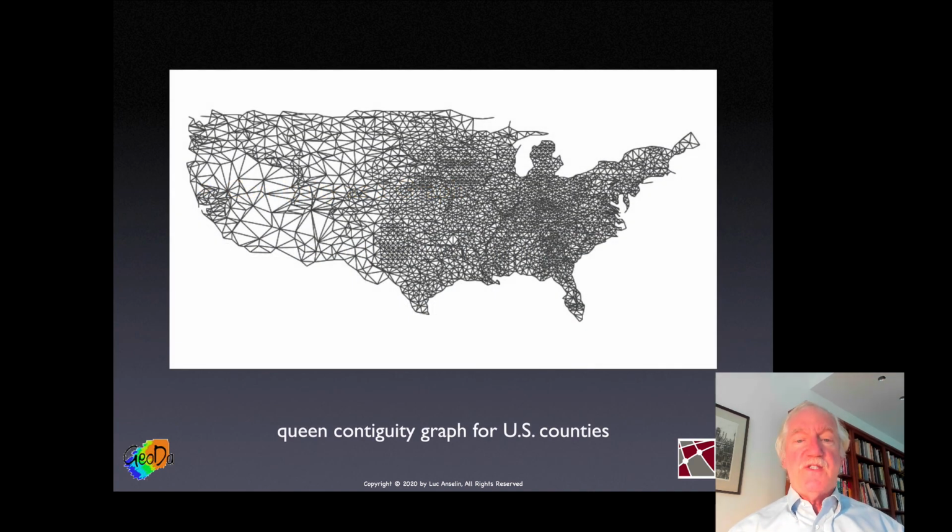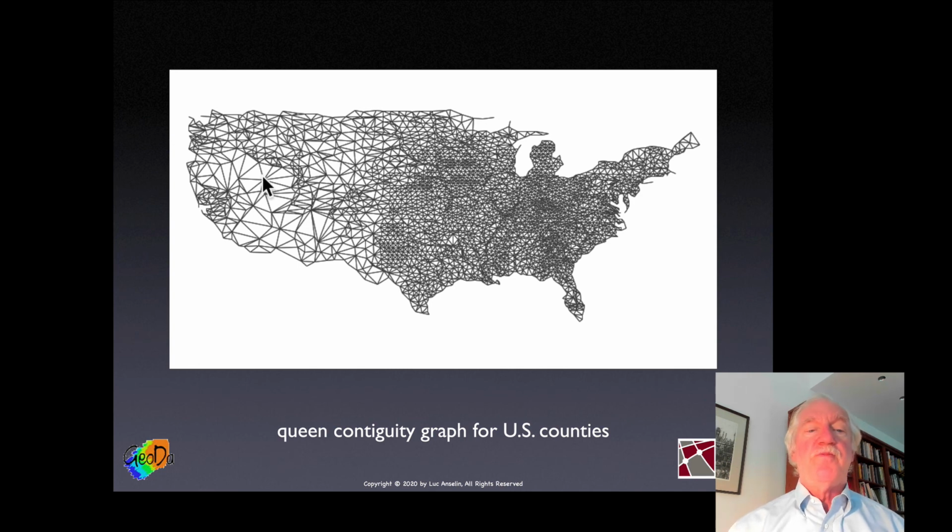So this is the graph network structure of contiguity based on queen contiguity for US counties. And what do you use this for? Well, you look for aberrations in the system. And one thing, for those of you who are not familiar with the US, one thing to realize is that east of this line is a much denser network than west of the line.